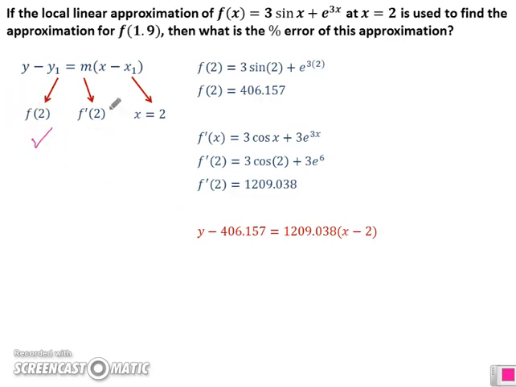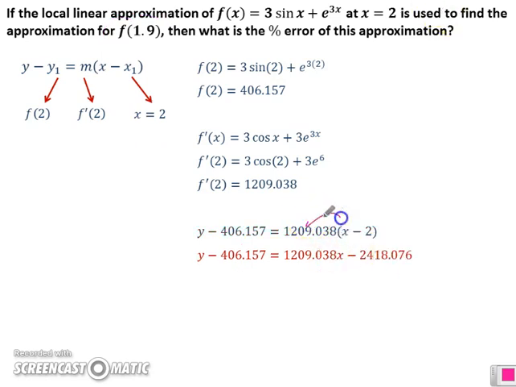So now this is f of 2 right here. This is the derivative when x equals 2, and then the x coordinate is 2. So I just plugged it into the point slope equation right there. And then remember, we're using this tangent line to approximate this point on the f of x graph. So let me solve for y.